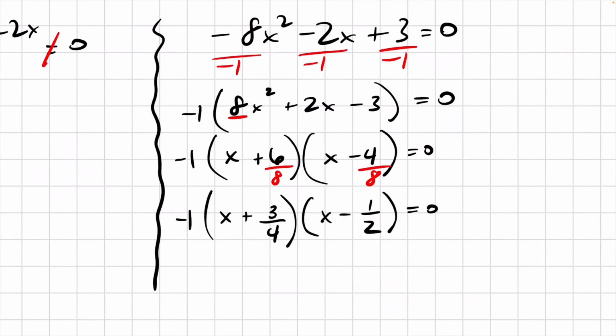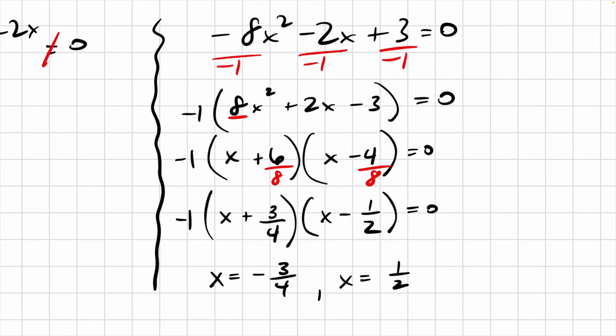I tell them to do bottoms up. Bottoms up means move this guy up here. Can you guys see what our two answers are going to be? Minus 3/4 and positive 1/2, right?